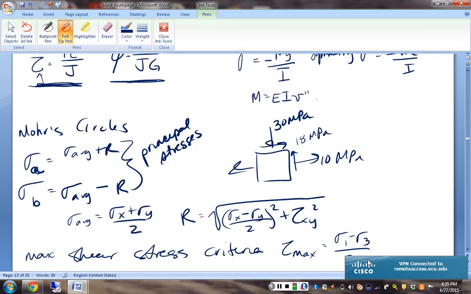And the wording, understanding the difference, if I ask you what is the maximum shear or what is the maximum magnitude. One of them might be a positive or a negative number. The other one is the absolute value. If I'm asking for the max magnitude, you take the absolute value and just give me the biggest number.